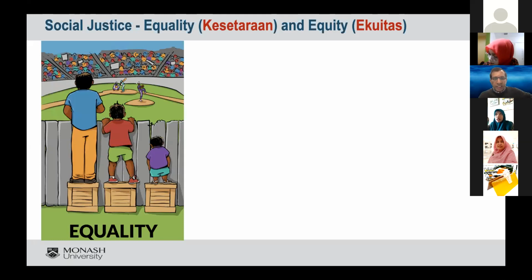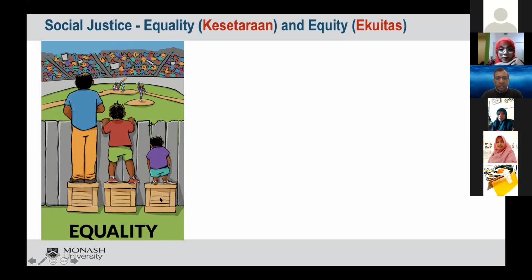So equality is treating everyone equally. So in order to see the game, everyone is given one box to stand on, okay? But there is a problem here, right? The problem is that the young person here is not able to see the game because this is not really helping him.